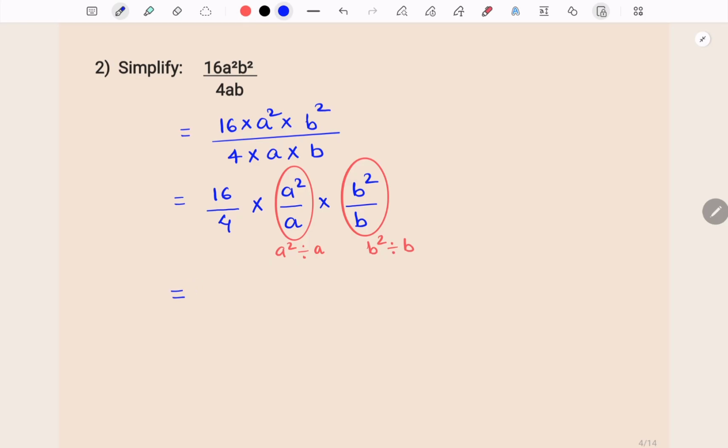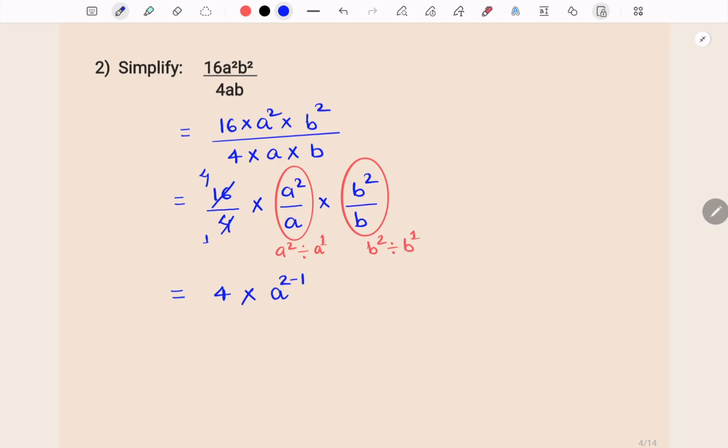In the next step we can write, 4 divides 16 4 times, so I will write 4, and then we have a squared divided by a. Since here the base is a and we are performing a division operation, I will simply subtract the indices.